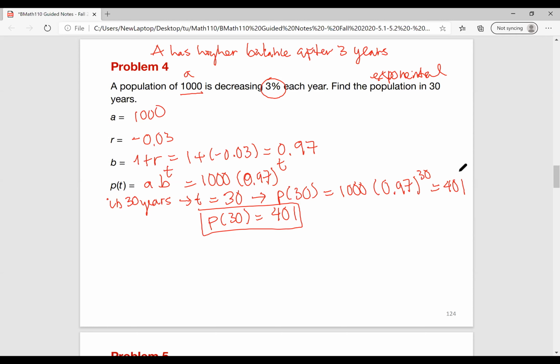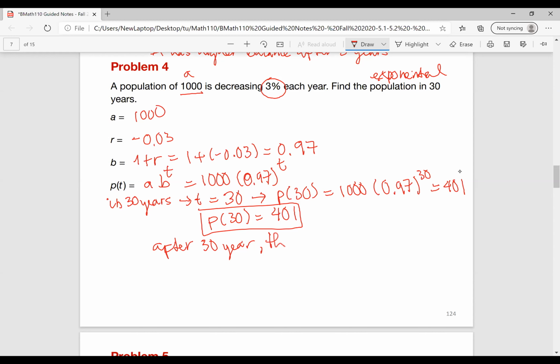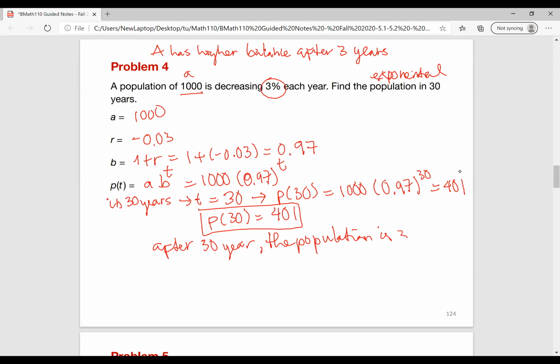Okay, so I would say after 30 years, the population will be 401.